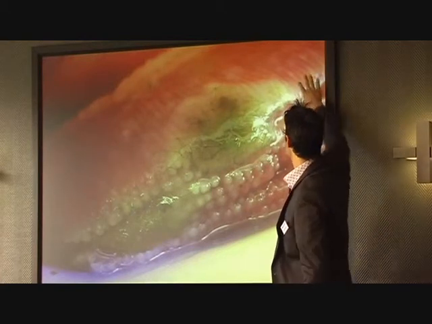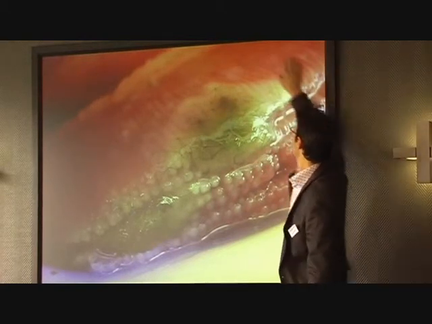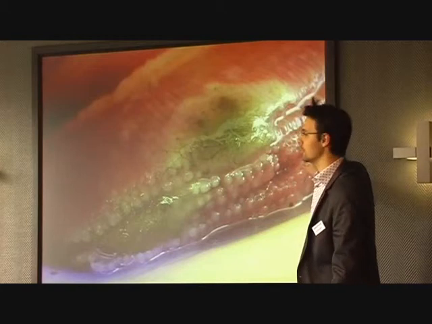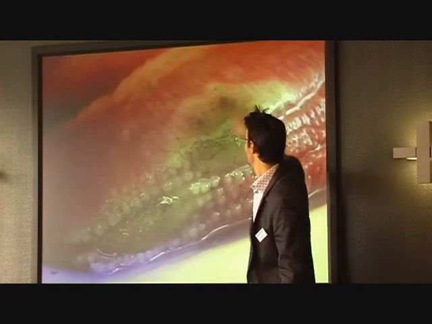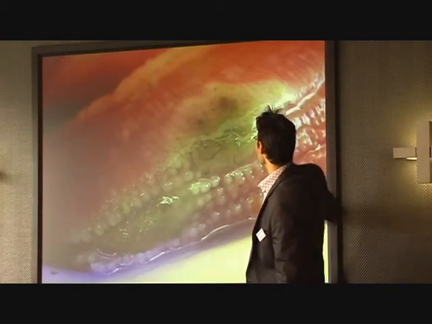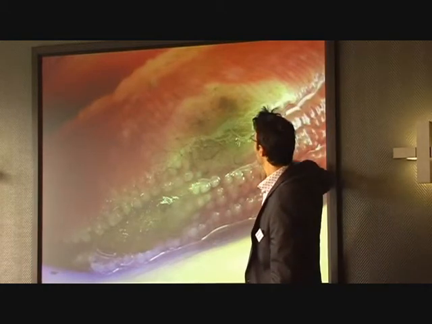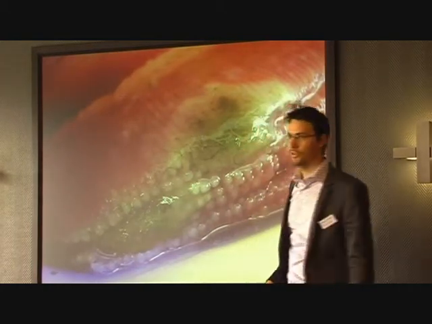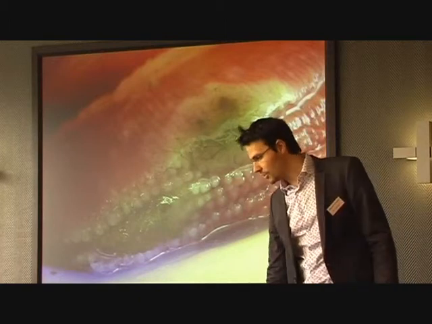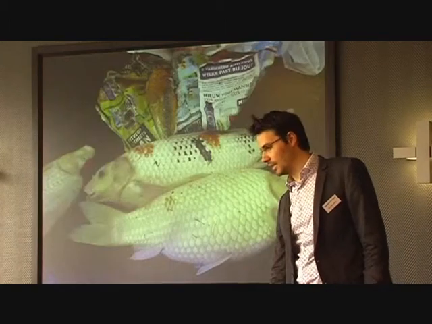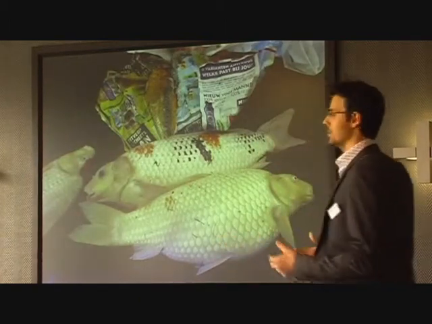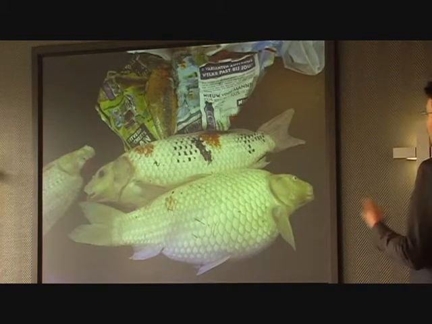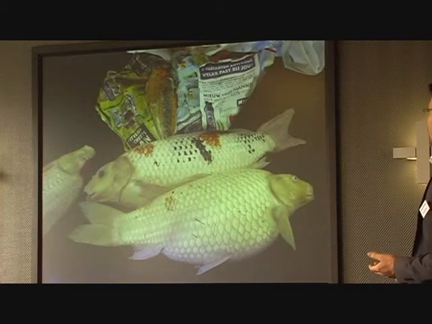You see the gills here, the color is quite normal. Here we have the infected zone, we have some fungi coming on this, and above that we have some algae growing on it. These gills are just so susceptible to all these things that we have all these multi-pathogens coming together. In this case we might have a lot of dead fish.